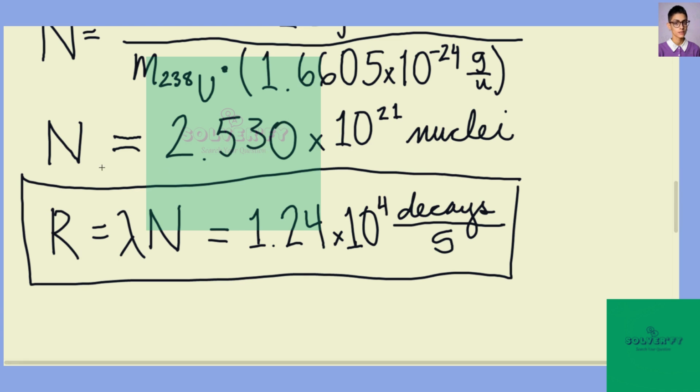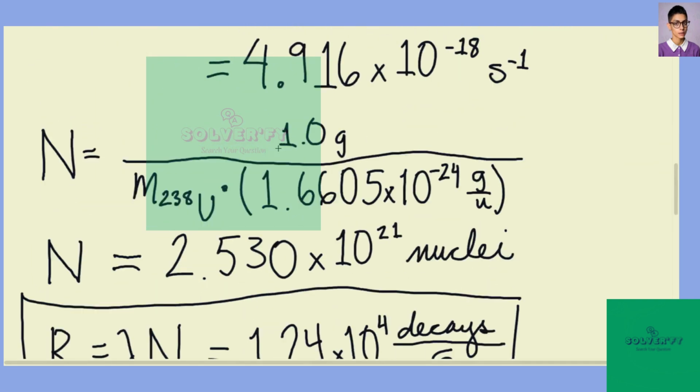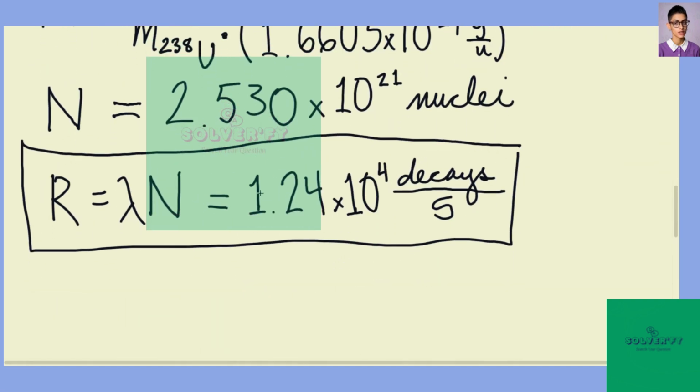And multiplying the number of nuclei present by the decay constant, we find that the activity of the 1 gram sample of uranium-238 is 1.24 times 10 to the 4, so about 12,400 decays per second.